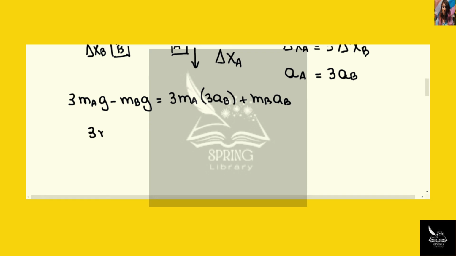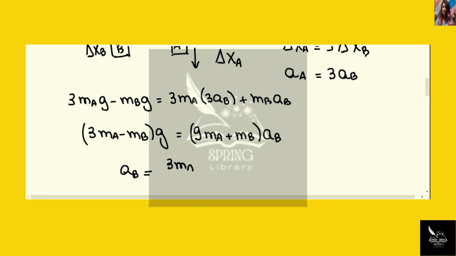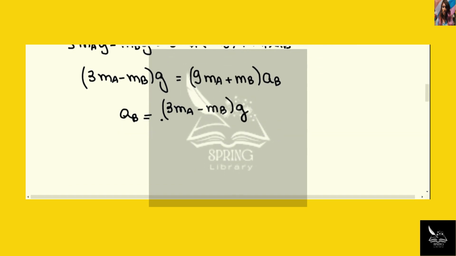So we have 3MA minus MB times G is equal to 9MA plus MB times AB. So AB is 3MA minus MB times G divided by 9MA plus MB.